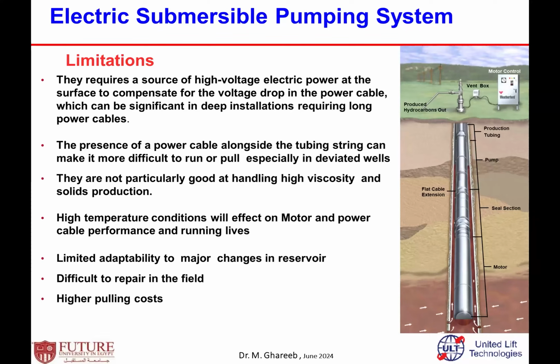We need more attention for the cable, not to scratch it or cause damage during running and pulling, and you have to calculate very well the clearance between the tubing and casing, not only the tubing itself but the coupling of the tubing. For example, if we use 3.5-inch tubing, the coupling is 4.5 inches. If you run this in 7-inch casing with a certain weight, the inside diameter will be about 6.25.